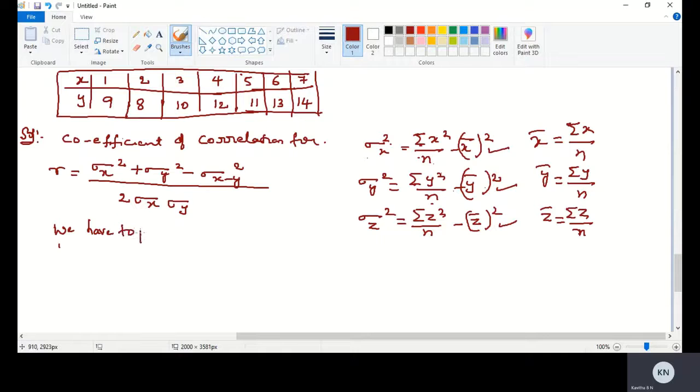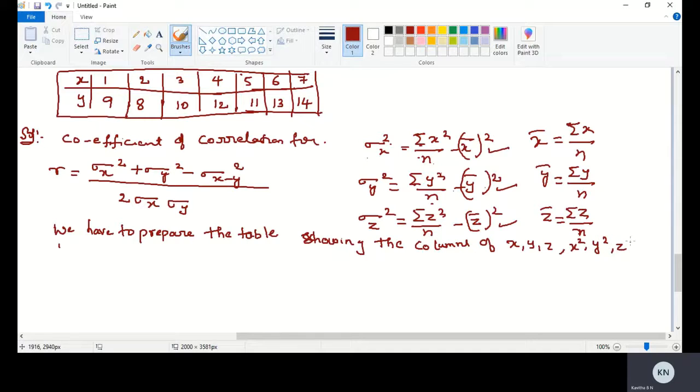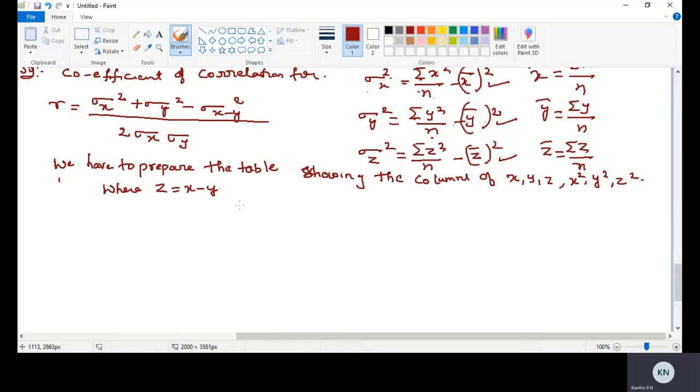The table should show the columns of x, y, z, x square, y square, z square, where z is equal to x minus y. Okay, then construct the table here.